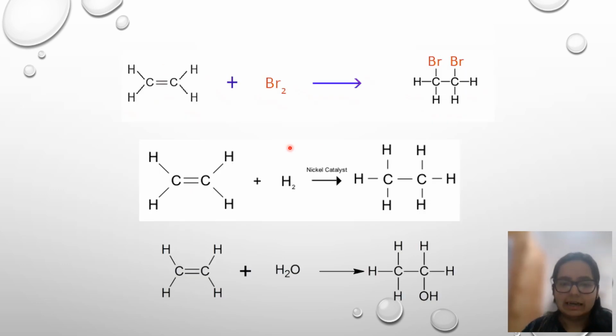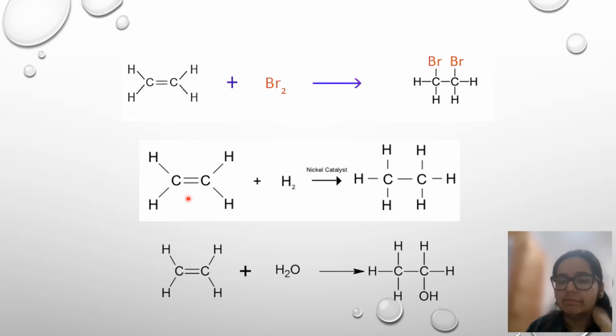So this is the reaction I can show you. In the first one, the halogenation reaction, a halogen is added. The double bond is broken first, and then a bromine atom is attached to each of the carbon atoms involved in the double bond. And then this is the hydrogenation reaction, in which hydrogen atoms are added.